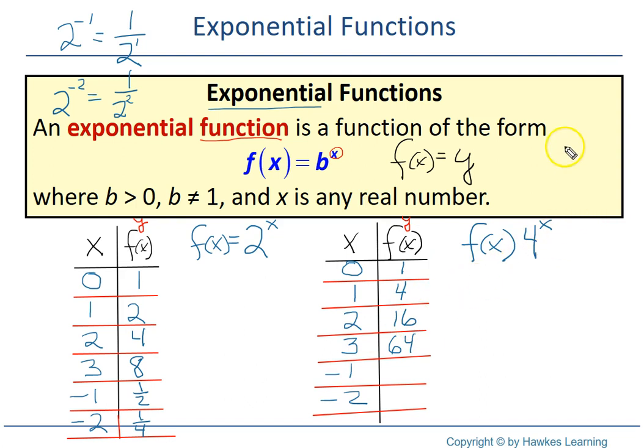Now, again, 4 to the negative 1 is just the reciprocal of 4, 1/4. 4 to the negative 2 is 1 over 4 to the second, so the reciprocal of that, which is 1/16. So now we have some points for plotting.